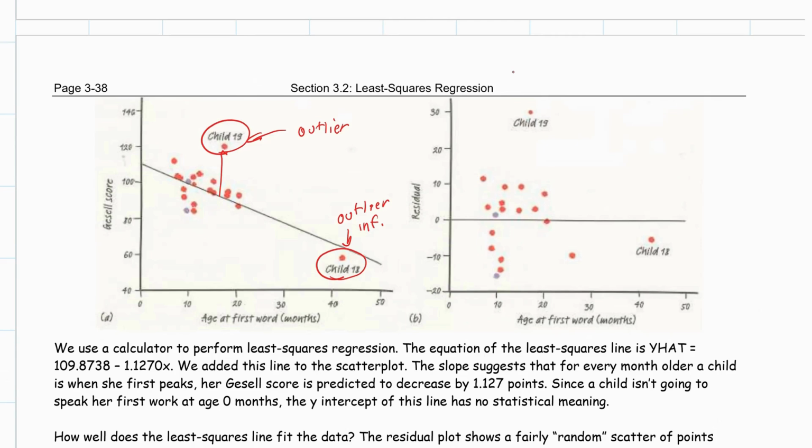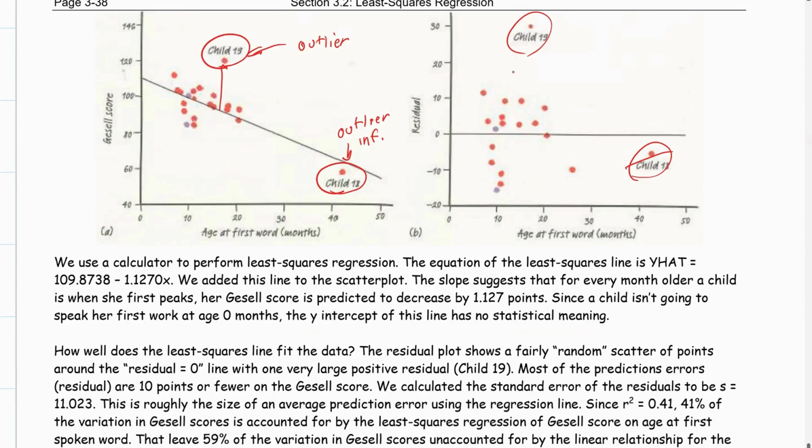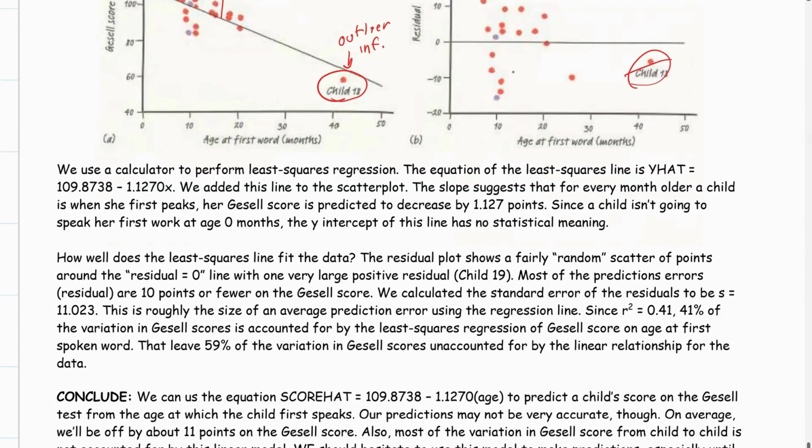If we ignore these two, do we see a general random pattern? You bet we do. So how well does the least squares line fit? The residual plot looks pretty good. Standard error is 11, but that's with those two outliers included.